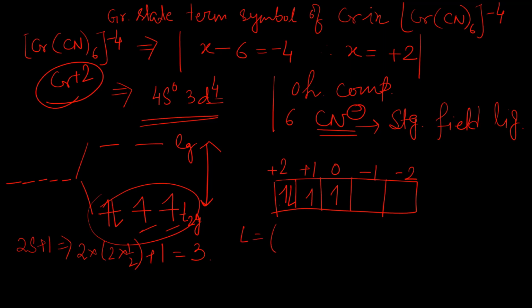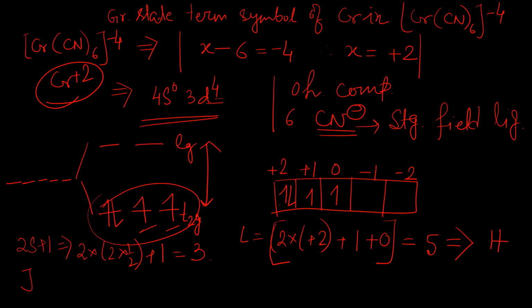And the L value: 2 electrons are present in plus 2, 1 electron is present in plus 1, plus 0, and no electrons are present there, so we are not considering it. So the value is 5. If the L value is 5, it corresponds to H, that we already know. And what is the value of J?